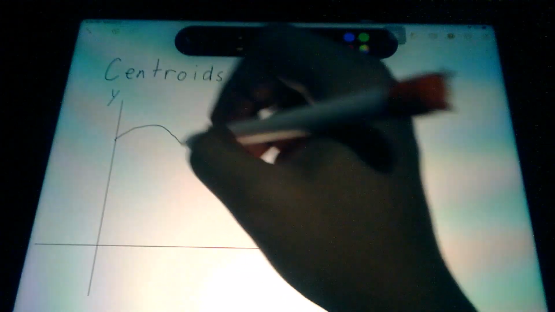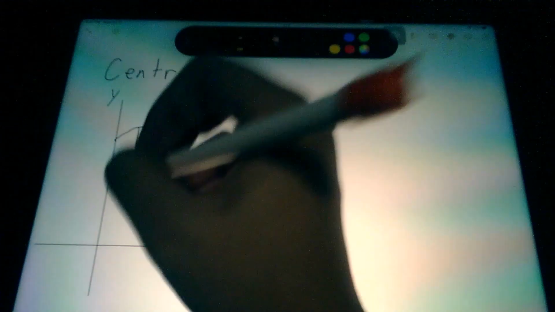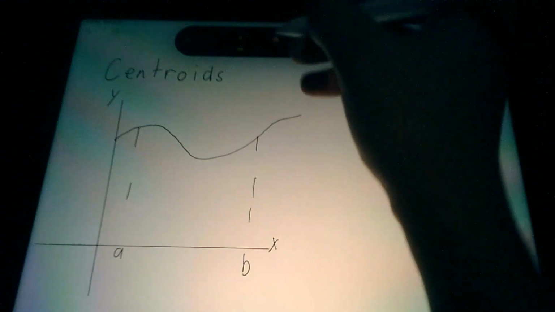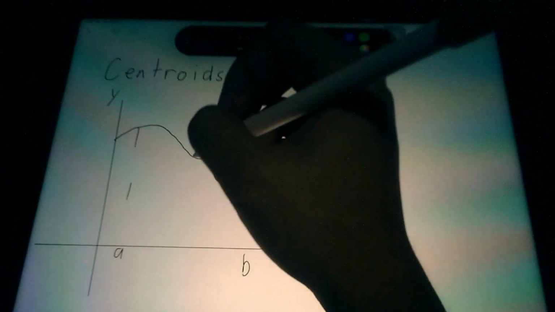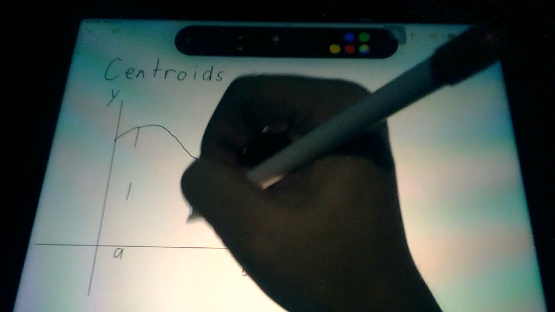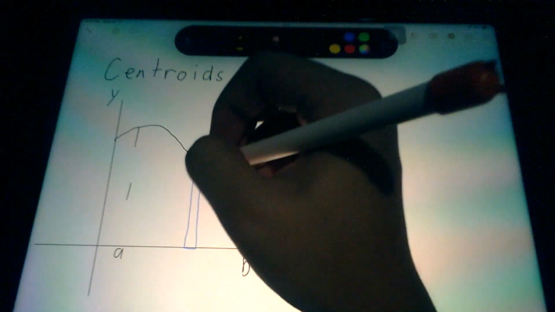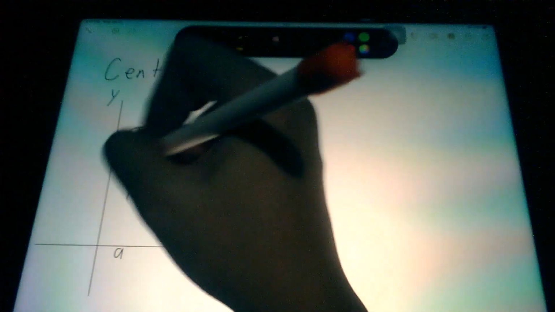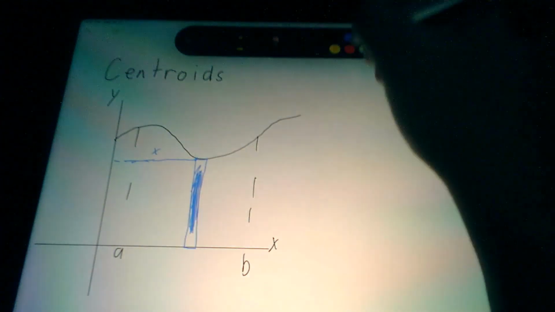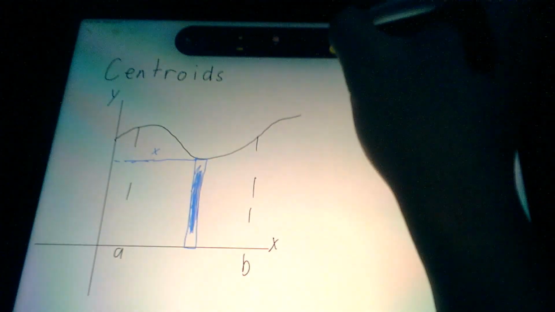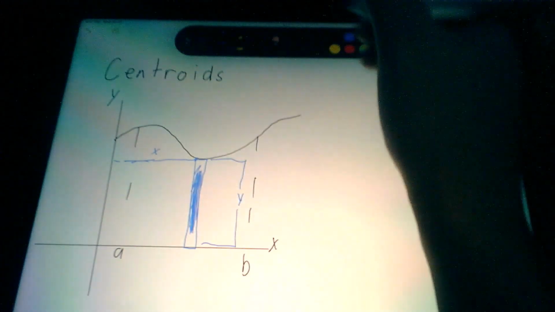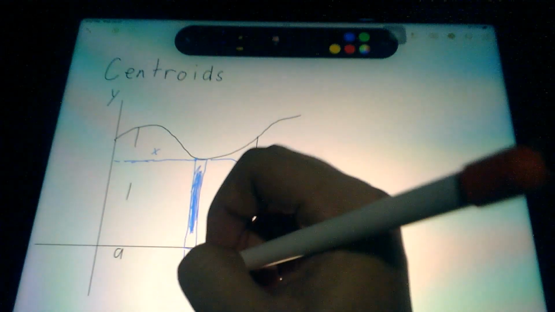Let's say there's a curve here, and it's bounded from point A to B, and let's say this is our strip. Let's make a vertical strip. From this point here, this is our x, then this here is our y, and this is our dx.